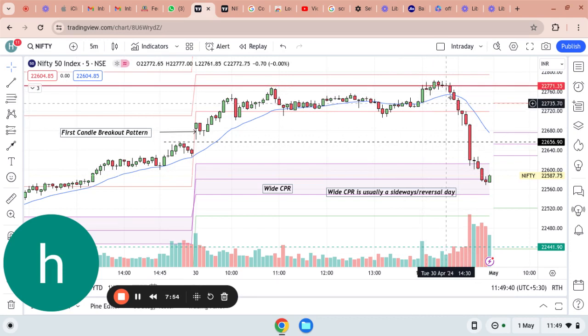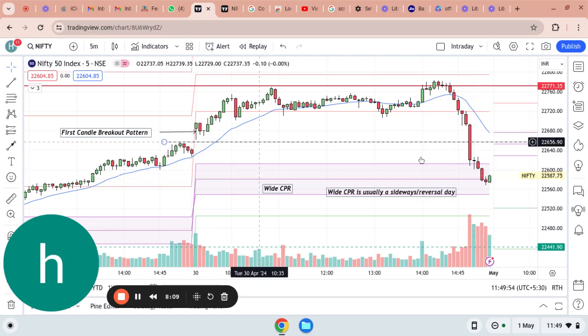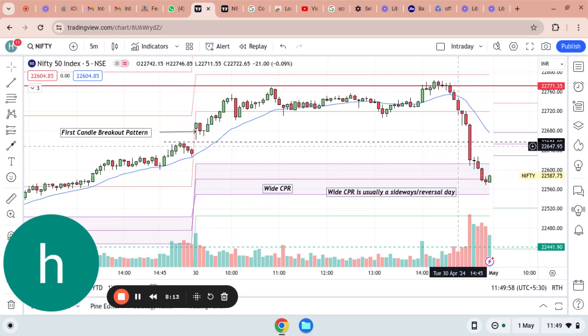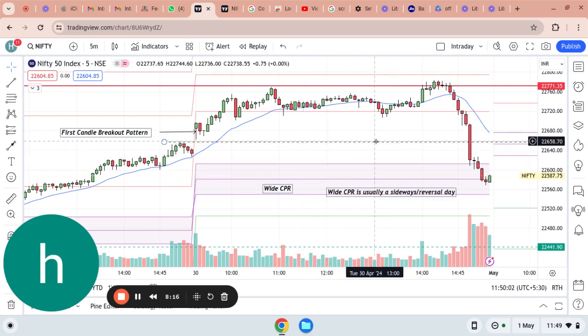So you could have bought option here, you could have sold future, and then your target will be the CPR, since it is a strong support, or your target can be the day's low here, somewhere here. We can discuss more on the patterns as and when we get similar patterns on our chart.